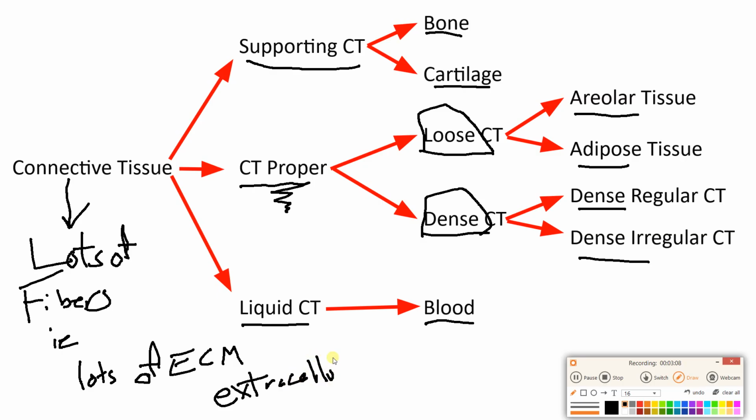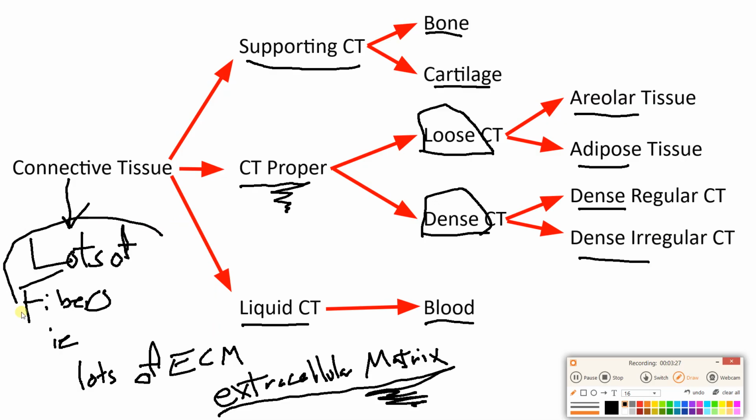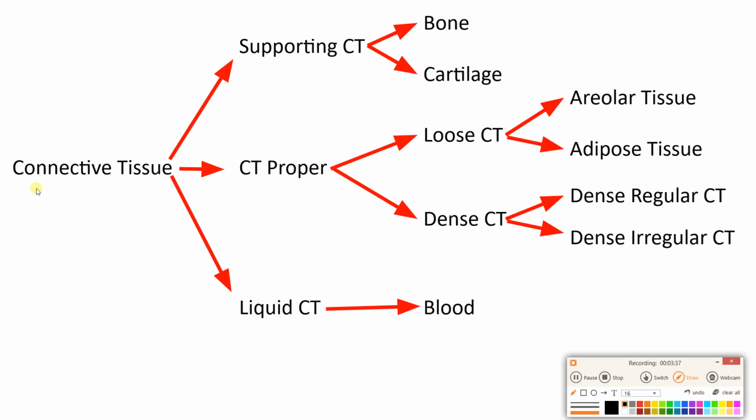That is a characteristic of connective tissue, to be mostly made of ECM. Now, not every connective tissue is going to live up to this, but most of them do. Most of them are dominated by extracellular matrix, which includes fibers, which is helpful in our designation of some connective tissues.